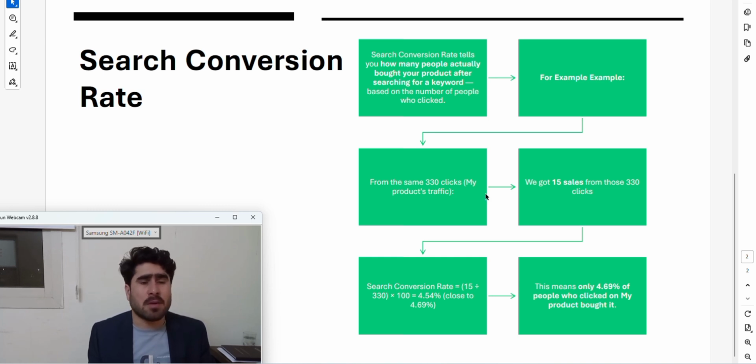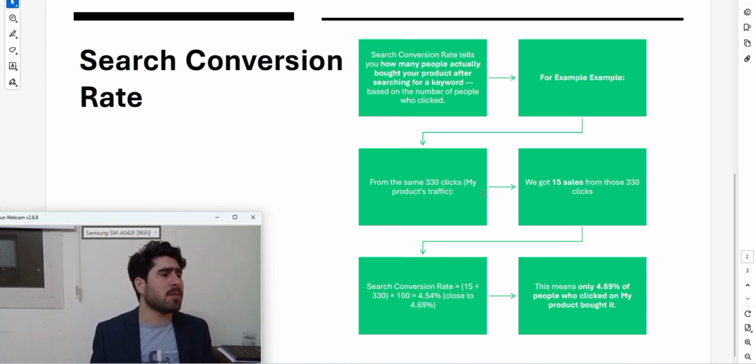So search to conversion rate. Search to conversion rate tells us how many people actually bought our product after searching for a keyword, based on the number of people who clicked. For example, for the same 330 clicks on my product, we got 15 sales from these 330 clicks.